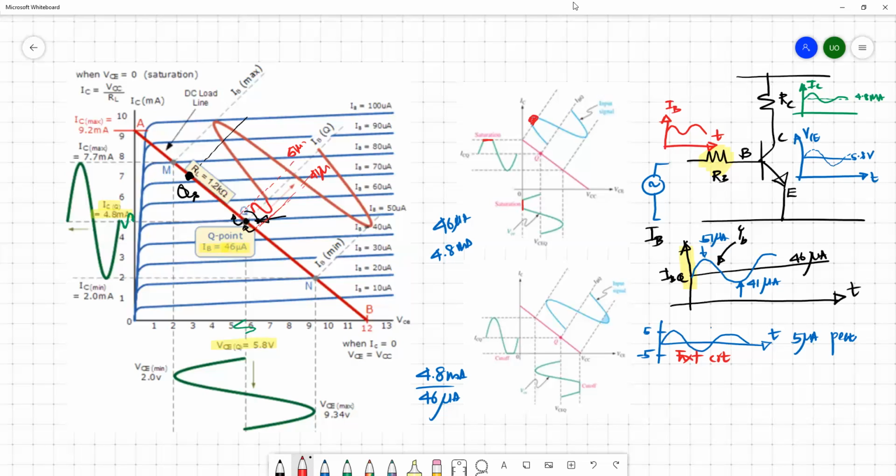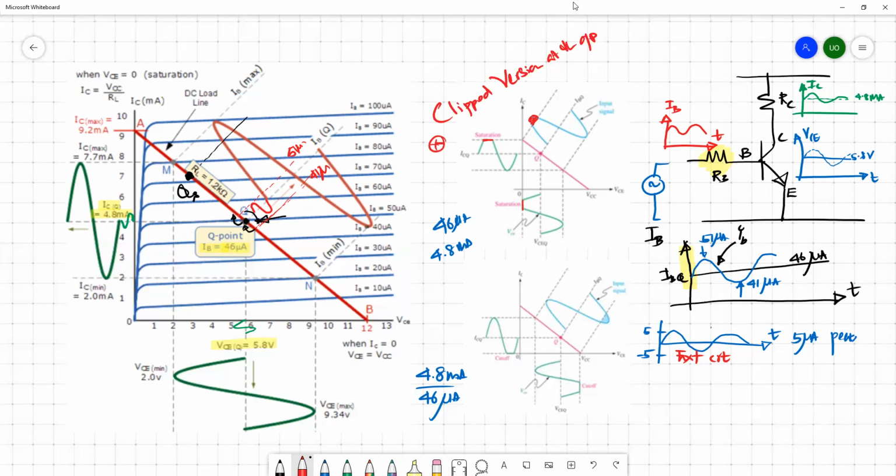Due to these effects, you get a clipped version at the output. It may be clipped at the positive cycle or the negative cycle depending on the circuit condition. For this particular case, your output collector current and output collector-emitter voltage are clipped at their positive cycles.